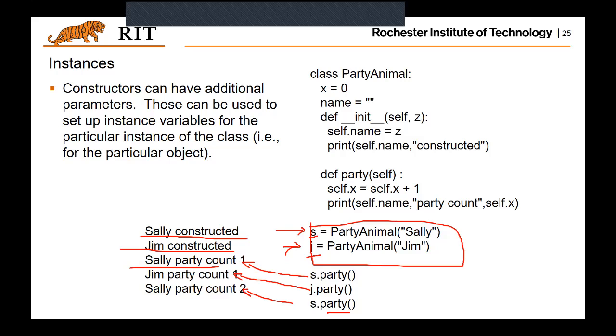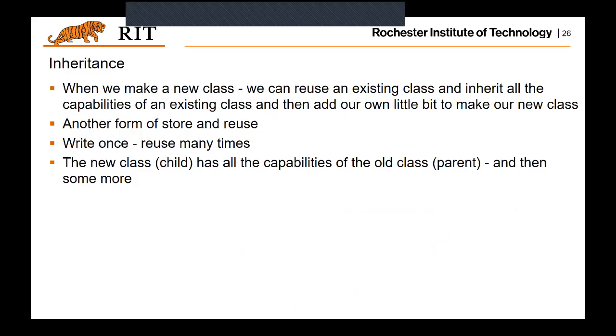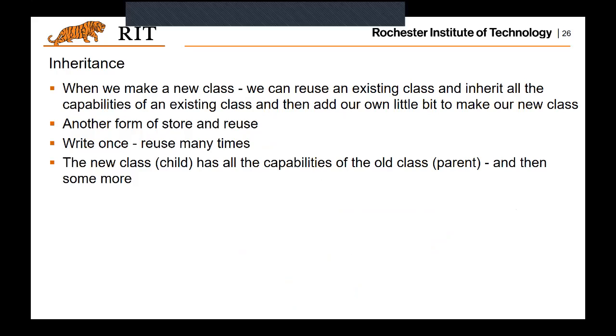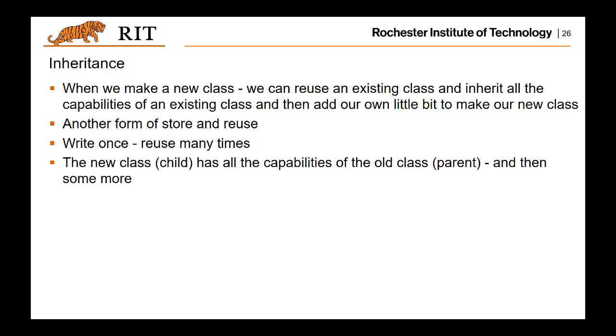Okay, let's continue. Another very interesting property the object has is the so-called inheritance. The inheritance for objects is actually quite similar to inheritance for humans. For example, Jim's father left a legacy to Jim.